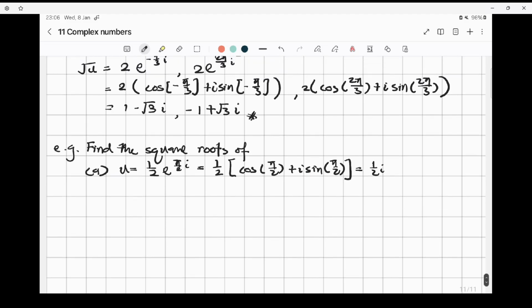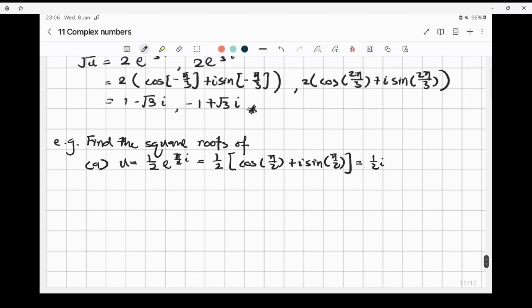But what I would want to focus on for this particular example is to use method 2. Because they already give you the polar form, why not use it? So you let z equal r e^(i theta), and this will be the square root of u.